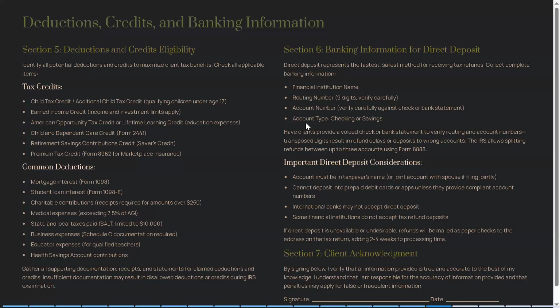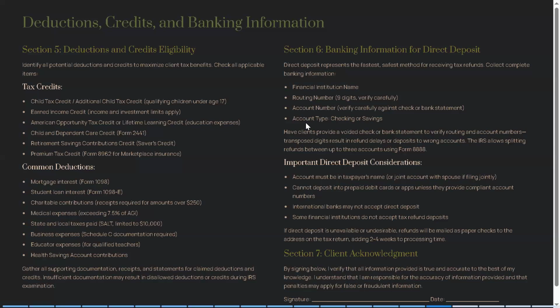They can get a paper check through the bank that we pay out through, but the government is not issuing any paper checks. So they're gonna have to give the information if they want their funds direct deposited, or we will be able to offer prepaid debit cards to them. Important direct deposit considerations: the account must be in the taxpayer's name. We cannot deposit into prepaid debit cards.